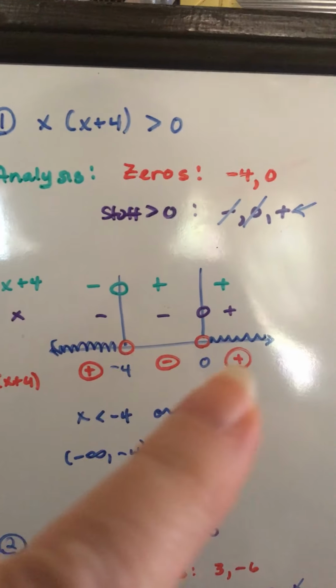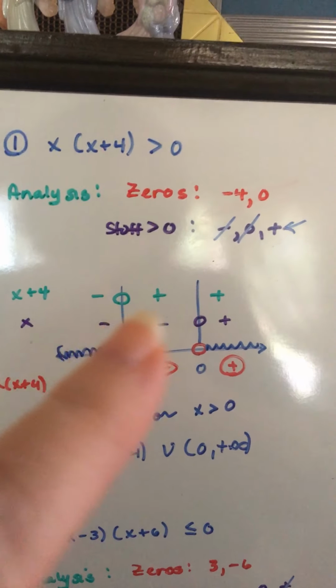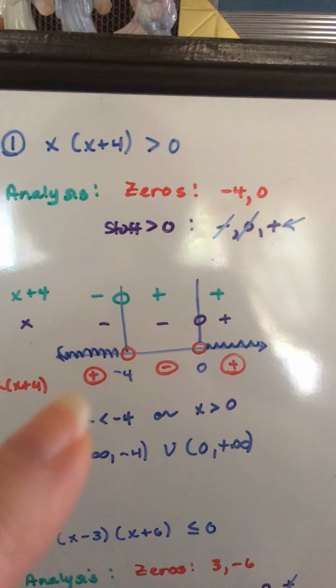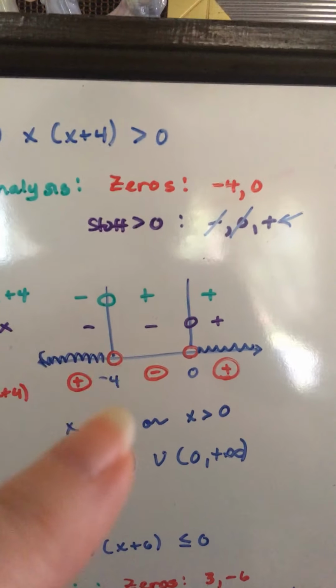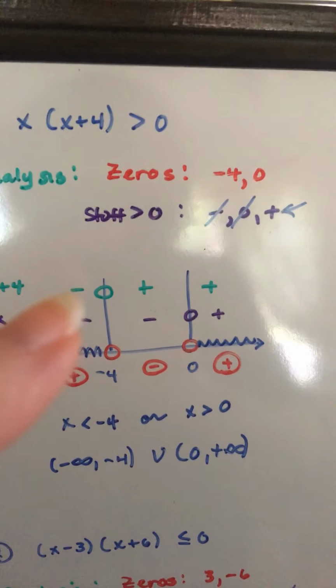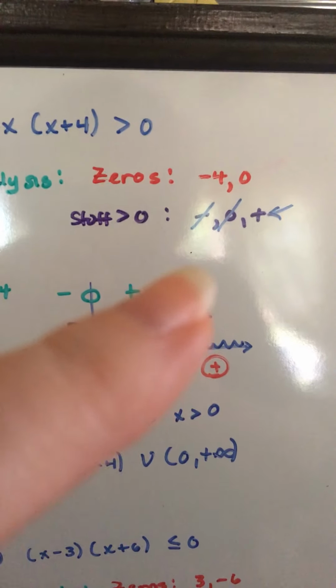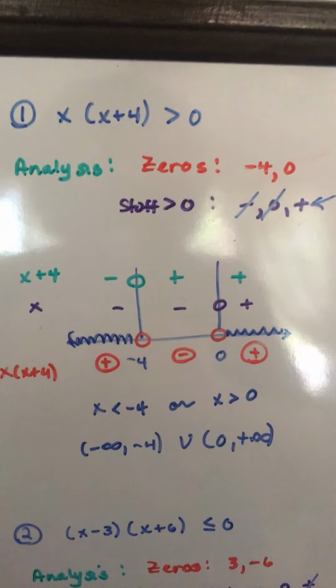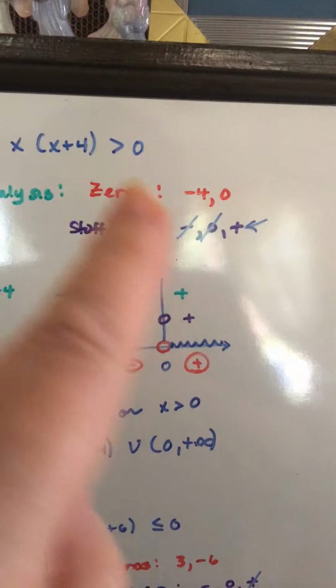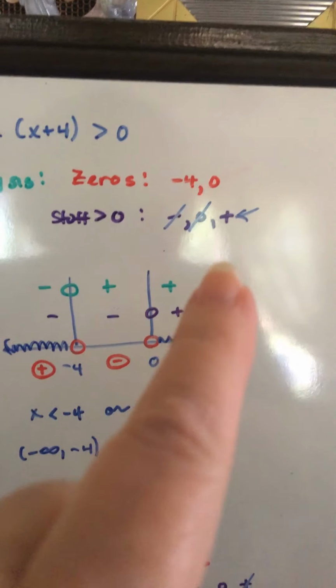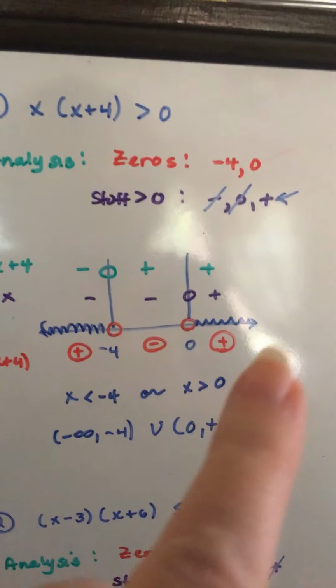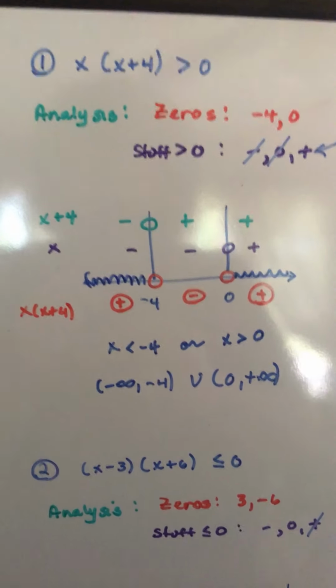X is 0 at 0, so to the left is negative, to the right is positive. And notice, 0 stays 0, negative times negative is positive, positive times negative is negative, positive times positive is positive. Now, what did I say I wanted? I said greater than means only positive, so I just shaded where the product is positive.